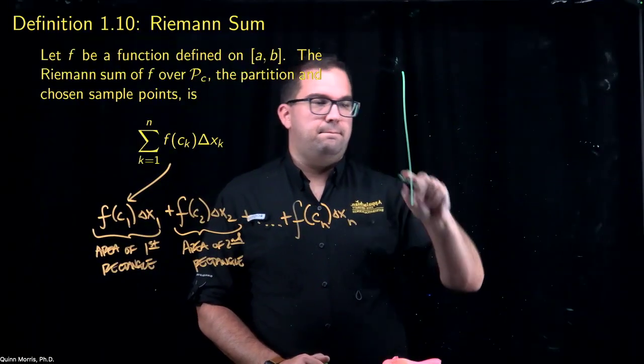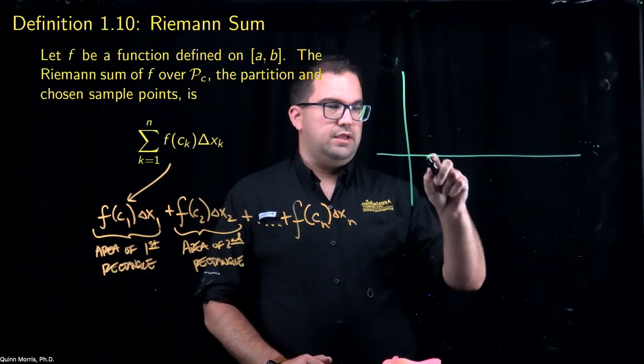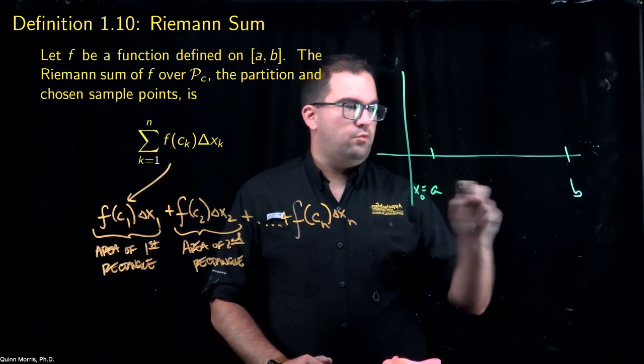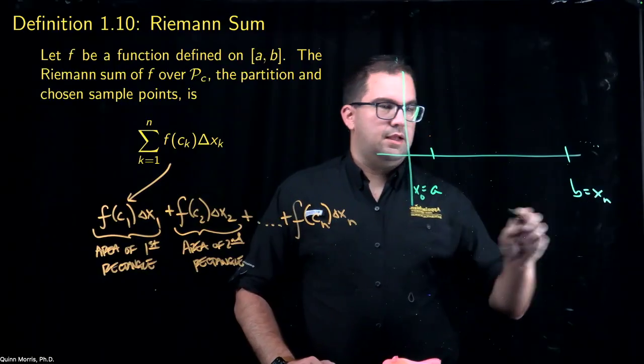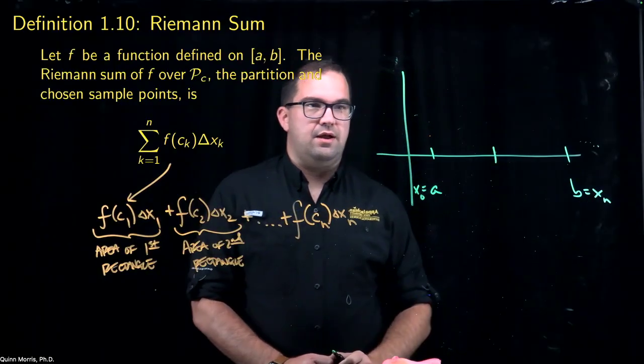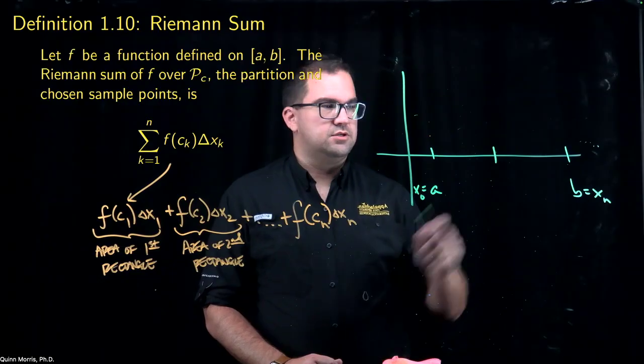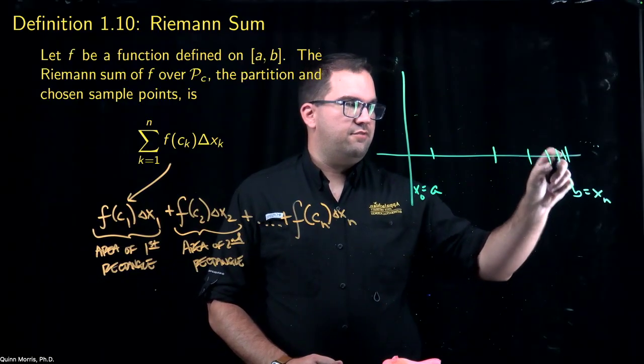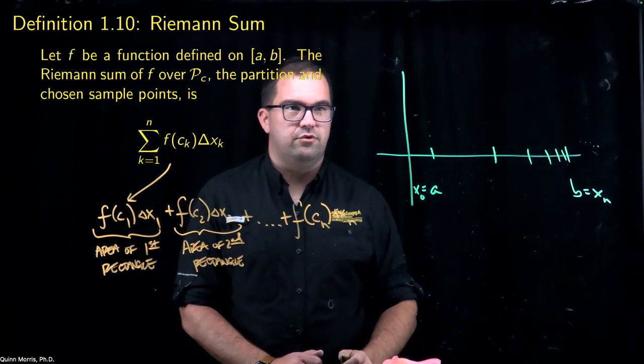If I had some interval here, a to b, I could just take more and more rectangles. I could first add a point there, and those are uniformly spaced, that's good. Then add a point here, and here, and here, and every time I could subdivide the last interval.